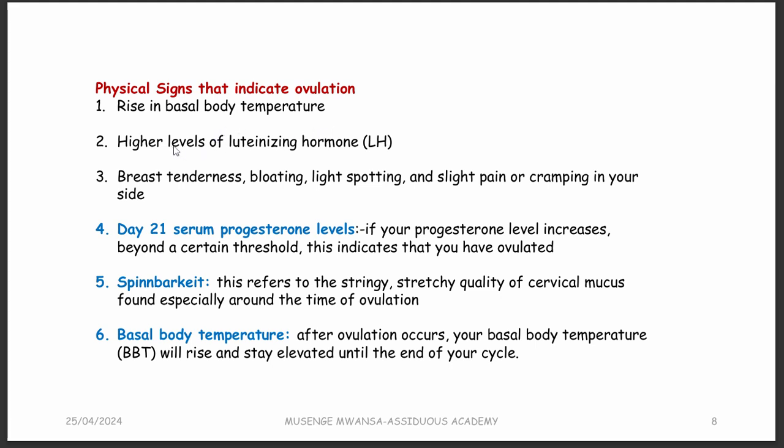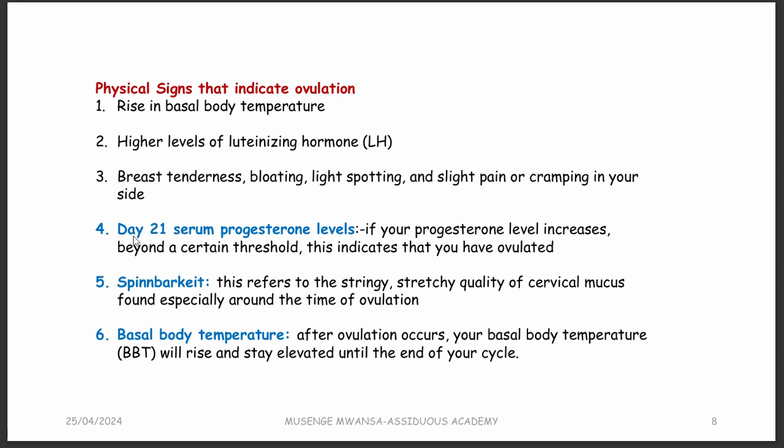And then also there's going to be higher levels of luteinizing hormone. Remember, the luteinizing hormone is released on the 14th day. So if you notice high levels of luteinizing hormone in blood, you know that ovulation has happened. The breasts are also going to become tender, with light spotting and a slight pain or cramping in the side.